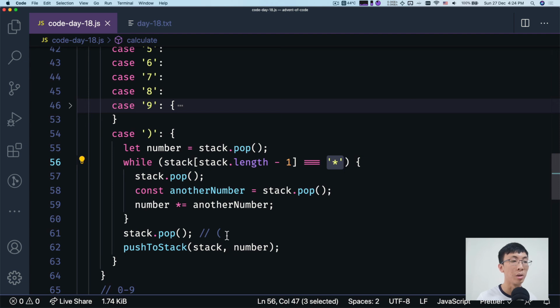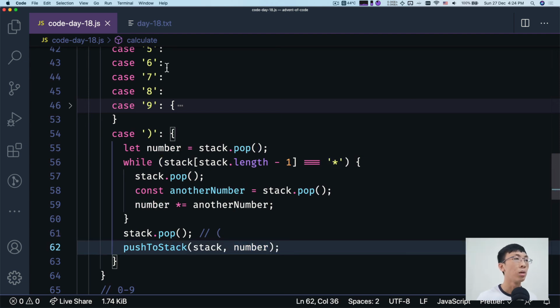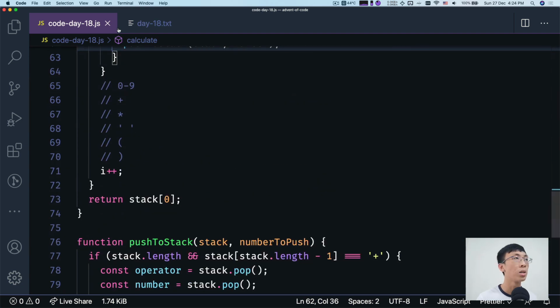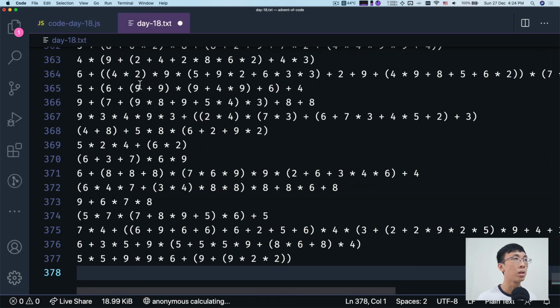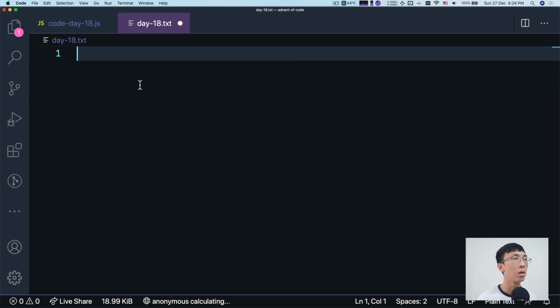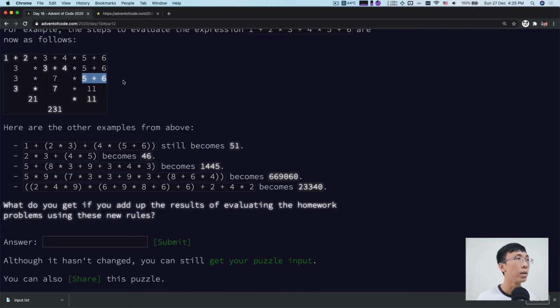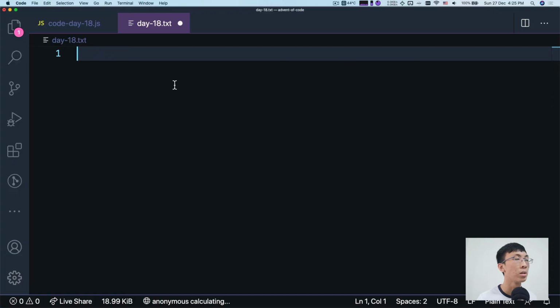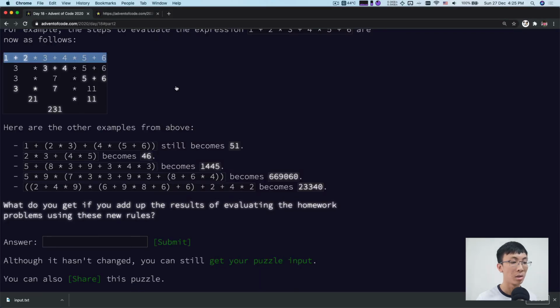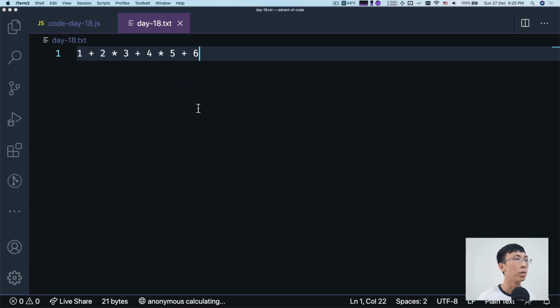Then we pop out the opening bracket and push back the number instead. Right? And that is it. And let's get back again, and let's try to evaluate this and see whether we get the right answer. Sorry. Paste it in, save, and gonna run.